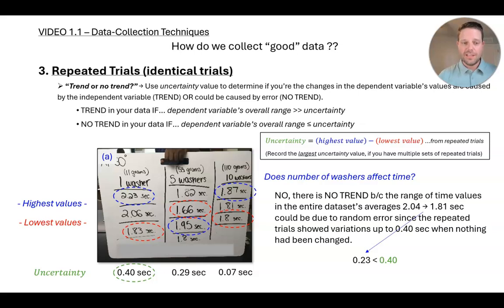When we didn't change anything at all and just kept it with one washer, we saw changes of up to 0.4. So that means this 0.23 is not any bigger than what error could cause, and therefore there would be no trend, meaning the number of washers doesn't seem to affect the swing time. And you can see here that that's what they thought too, right?